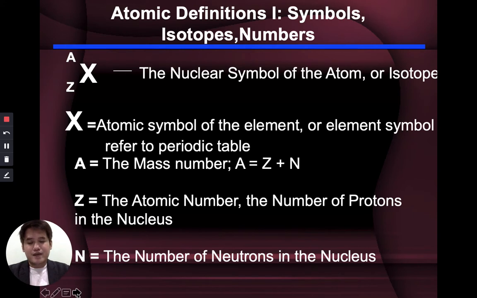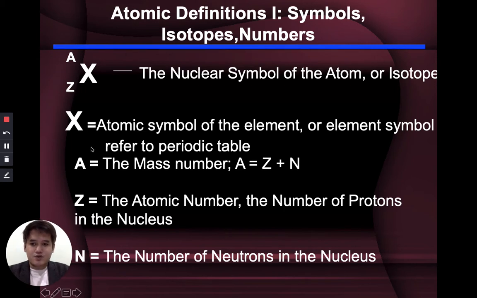Okay, and then you might have also remembered writing the nuclear symbols of atoms, wherein X represents any element symbol. A represents the sum of the number of protons and the number of neutrons, while Z represents the number of protons.